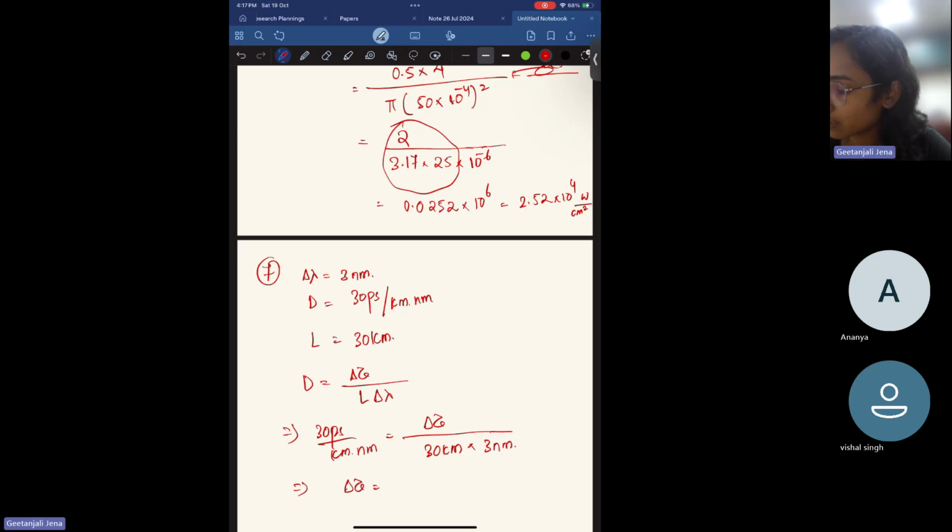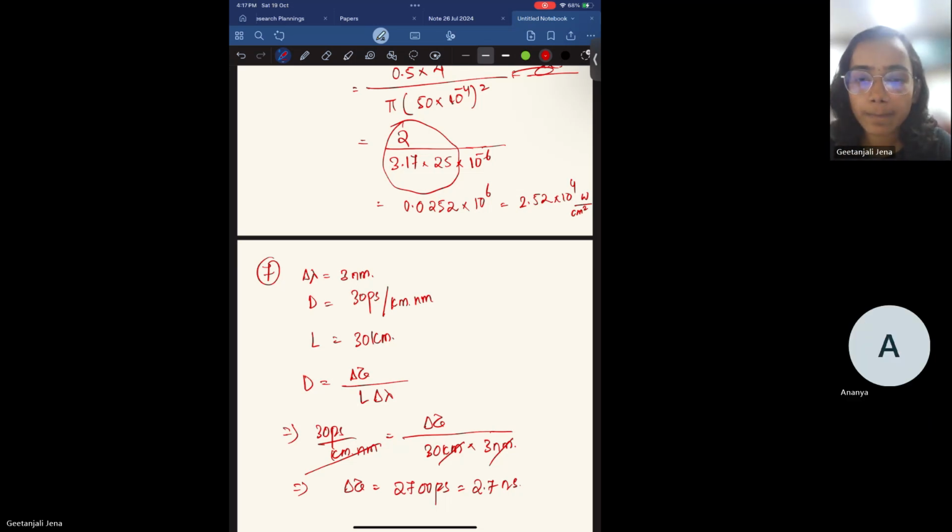So this will come around 2700 picosecond. In nanosecond, it will be 2.7, right? Is this clear? So question 7.